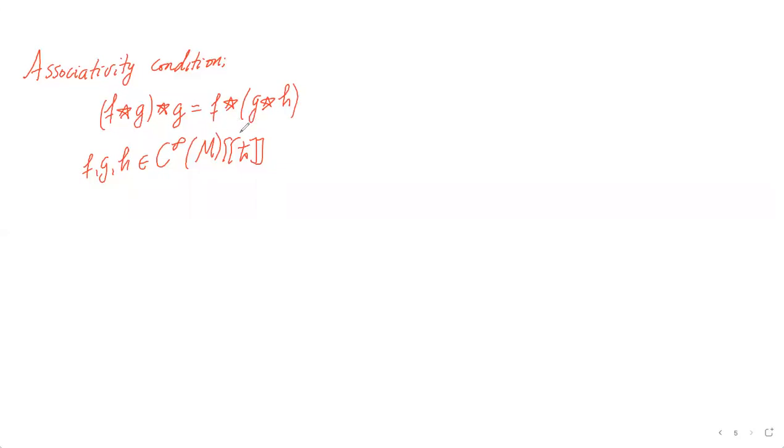Again, since we assume that both sides are h bar linear, we can actually erase h bar from here and only consider this equation for F, G, and H in smooth functions. Now we can write down this expression attentively.